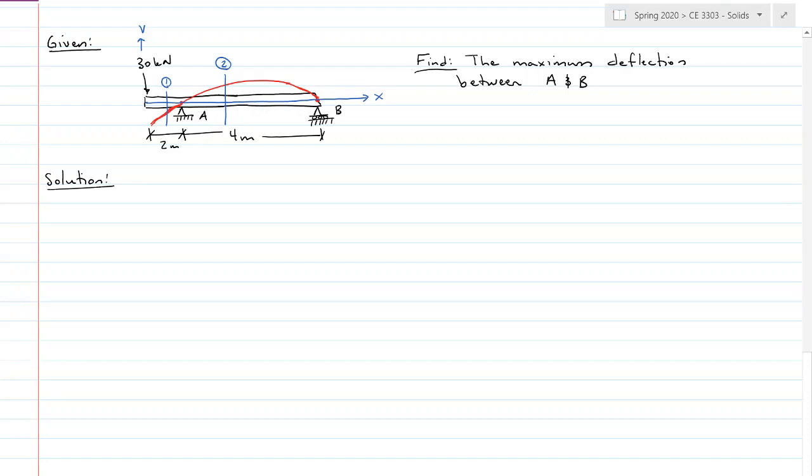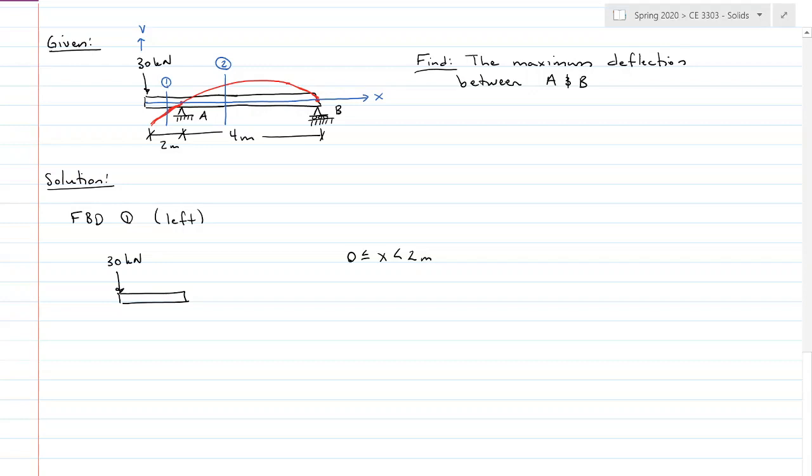All right, so free body diagram 1, and again I'm going to take that to the left. Looks like this, a little bitty chunk here with the point load of 30 kilonewtons, and this is going to represent 0 less than or equal to X less than 2 meters.